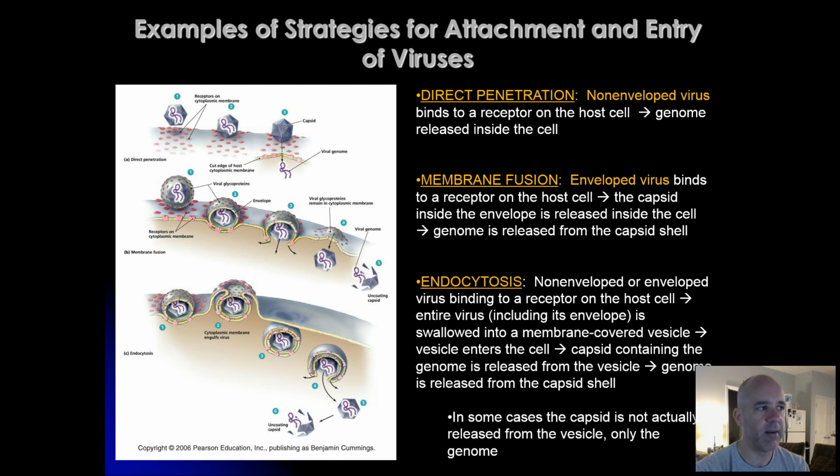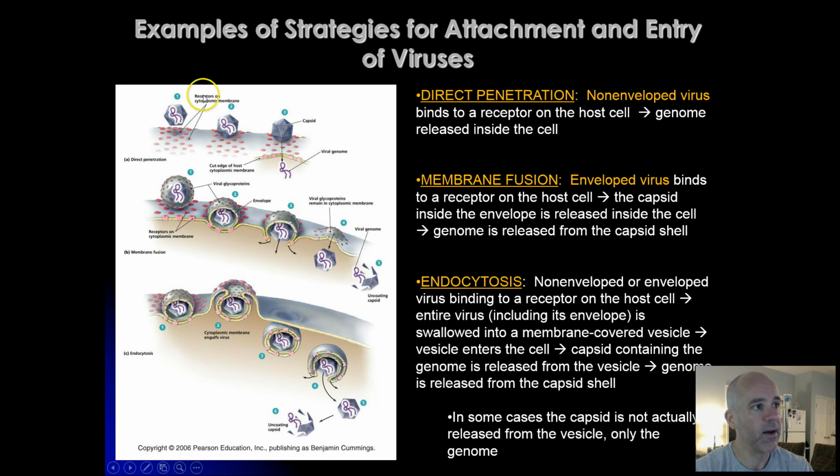So I mentioned that different viruses use different strategies in order to enter their host cells. And this diagram, which is actually from an older textbook, is just showing you some differences, lots of variety with viruses. One method is called direct penetration of the genome.